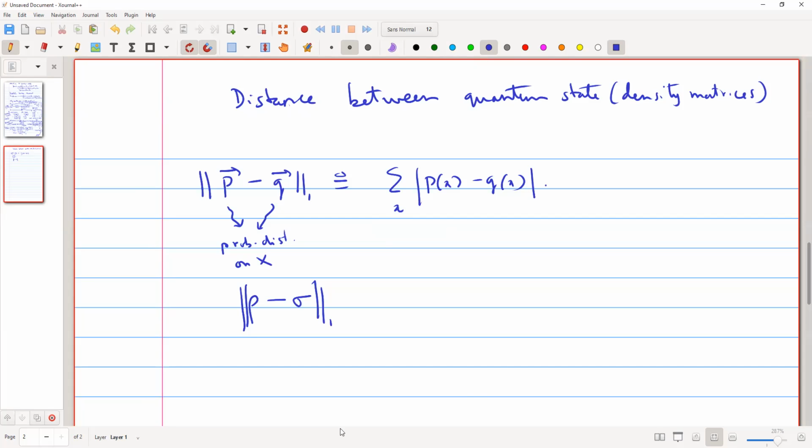Okay, so let me write down what this is. So these are density matrices on the same Hilbert space X. Remember, what is this? This is nothing but the vector.